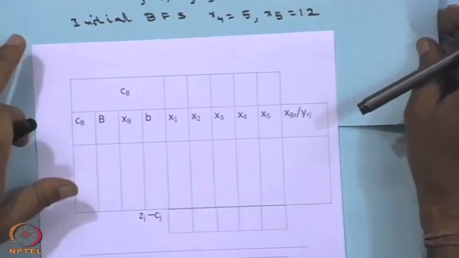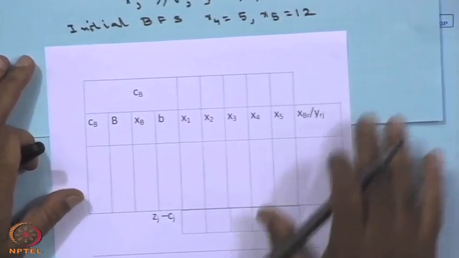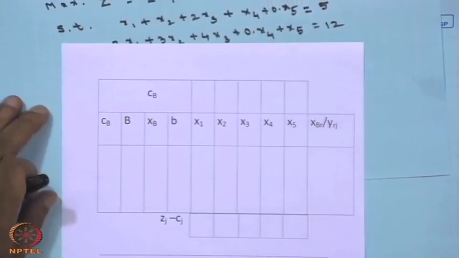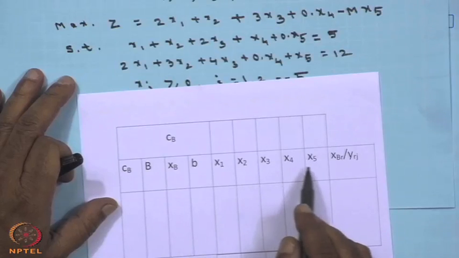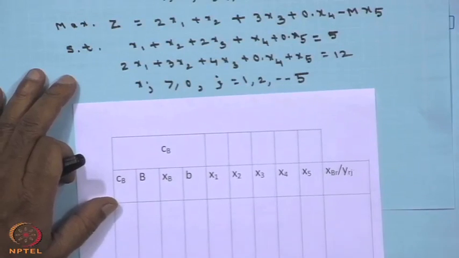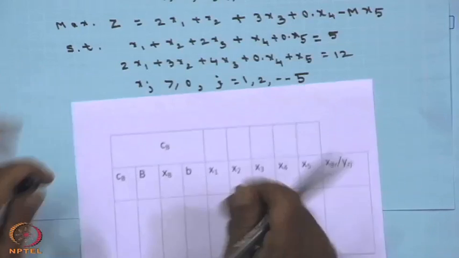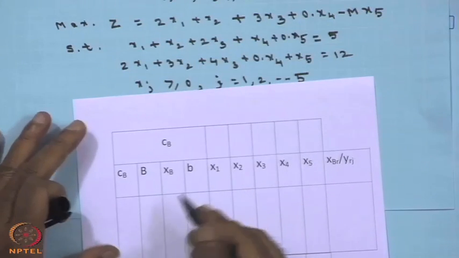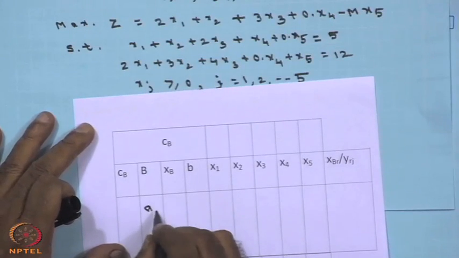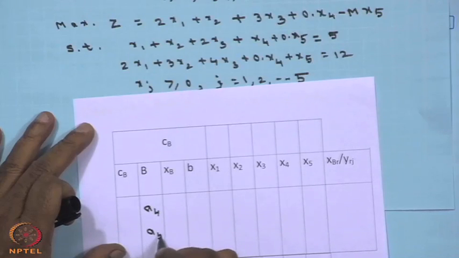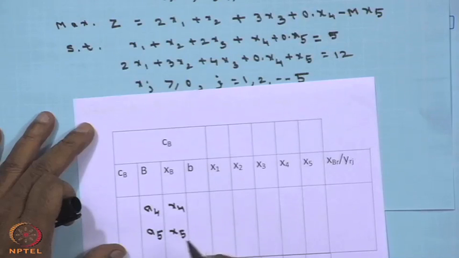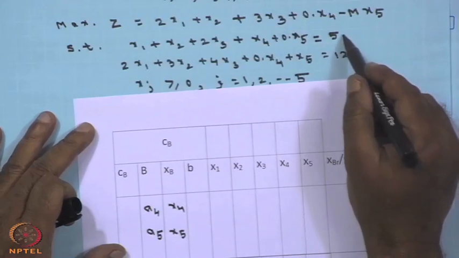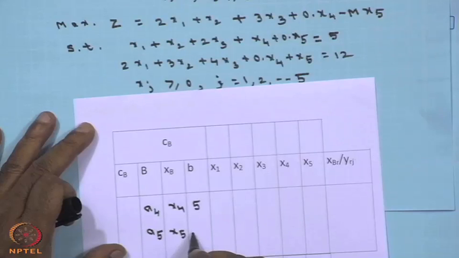For this one you see this table, I think it is clear. Your variables are x 1, x 2, x 3, x 4 and x 5, and the corresponding coefficients of C B. Here the basis has only A 4 and A 5, that is x 4 and x 5. The value of B from here is 5 and 12.